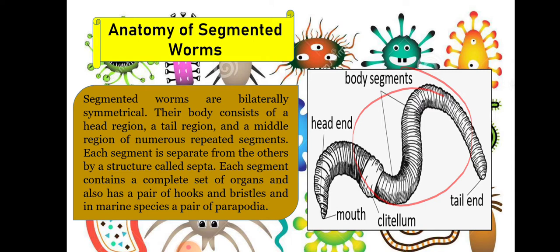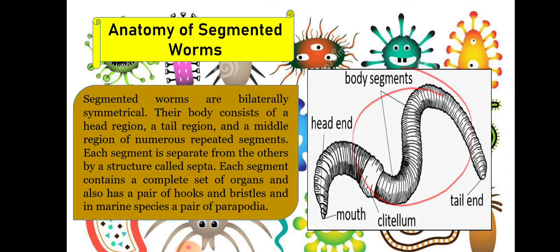As you have seen in the picture, the one circled in red is actually an earthworm, and it is one of the classic examples of annelids. So we all know that annelids are all segmented worms. That means they have segments in their bodies, like the cars of a train.